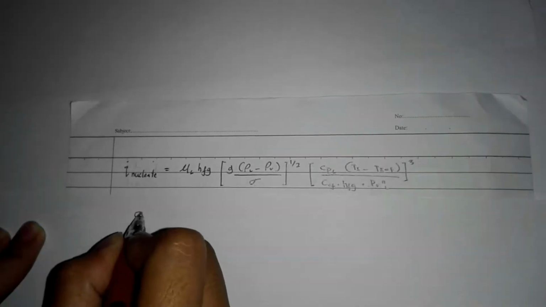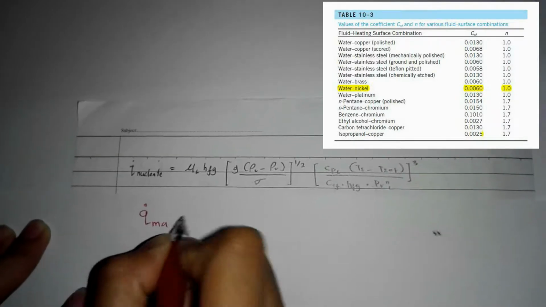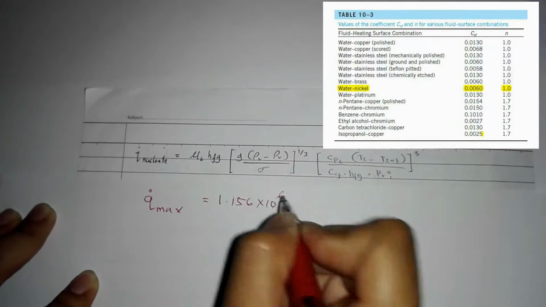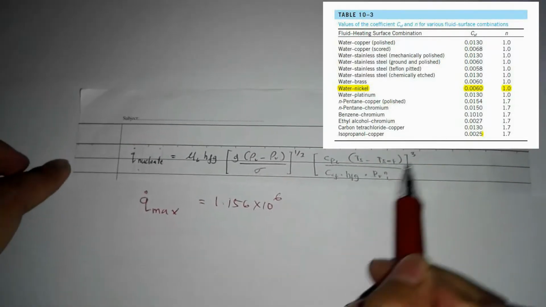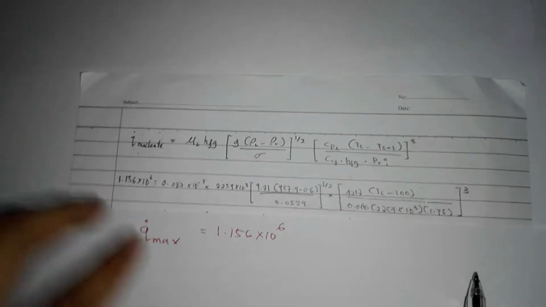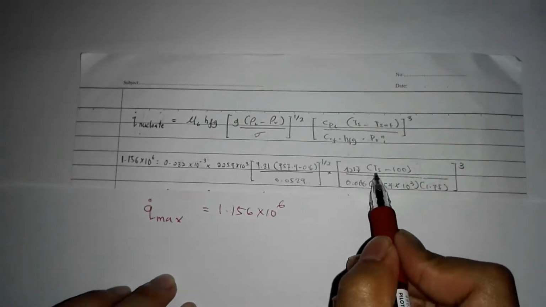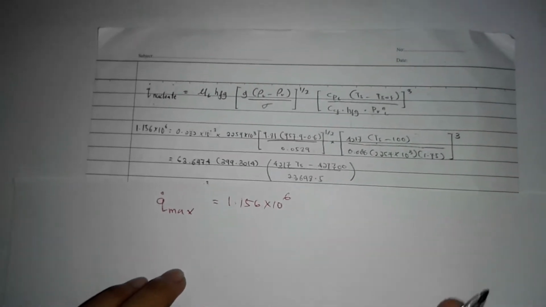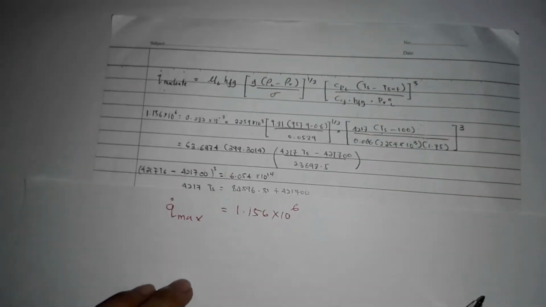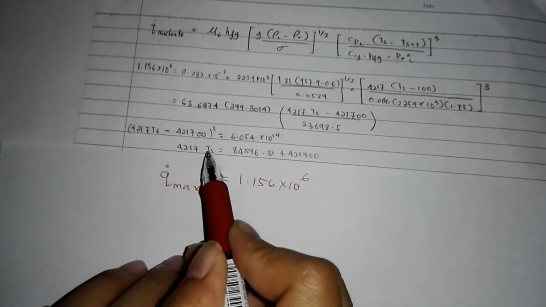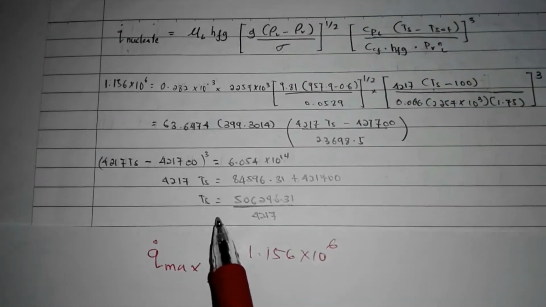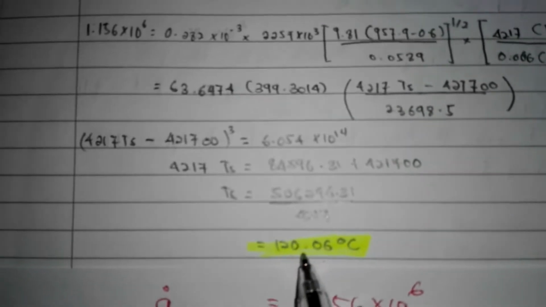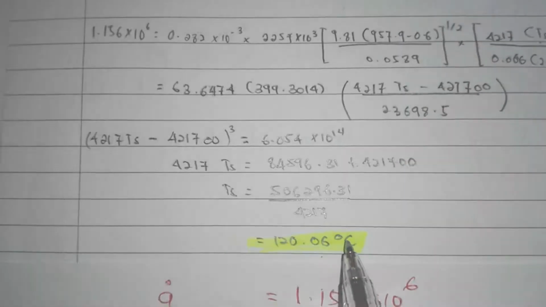We substitute the value for Q max, 1.156 times 10 to the power of 6, in this equation, and all the information to find the T surface. Then we calculate and rearrange the equation to find the surface temperature, and we get the final answer of 120.06 degrees Celsius.